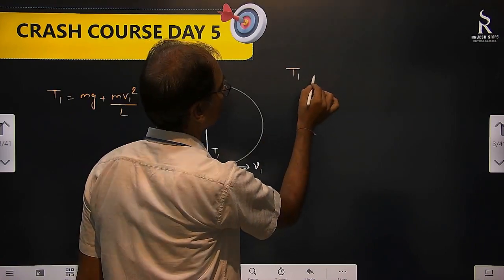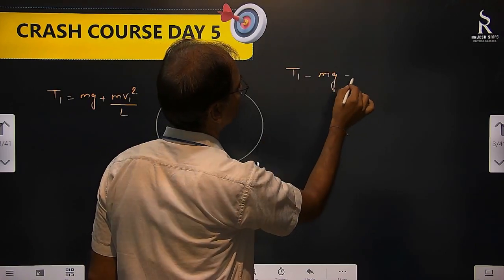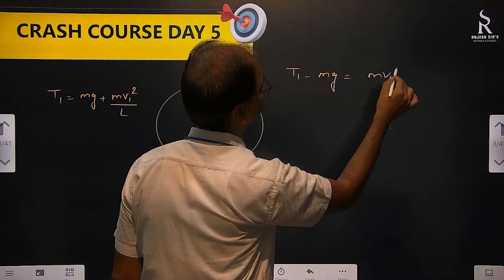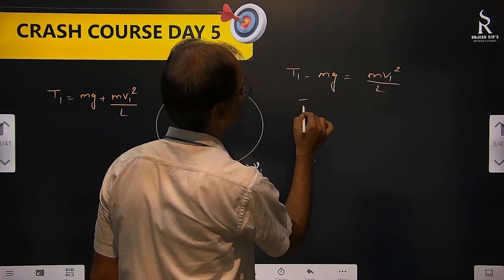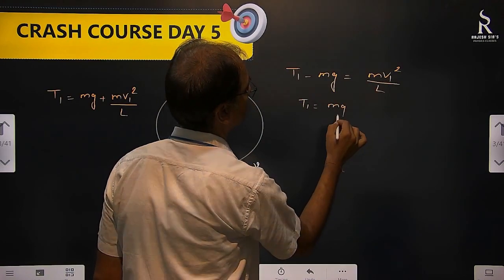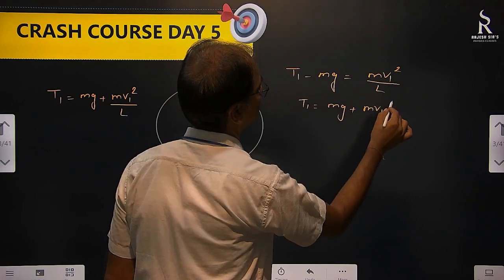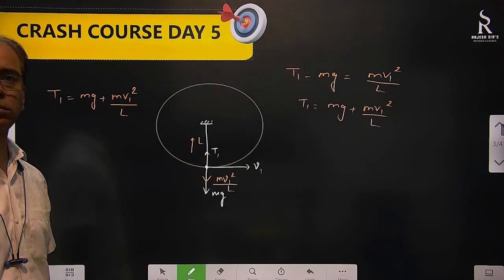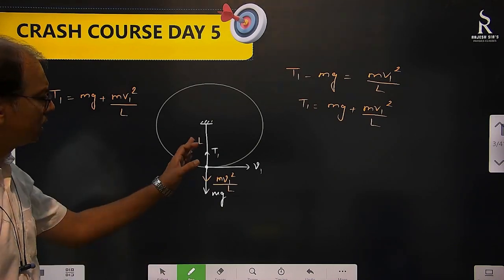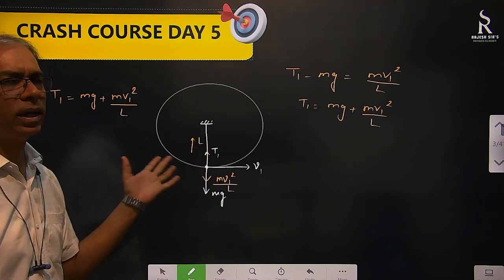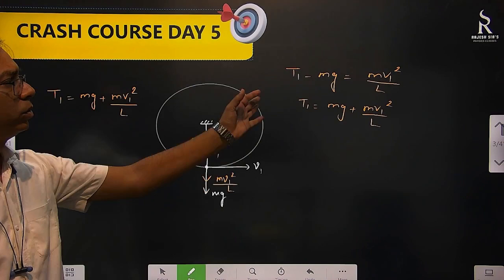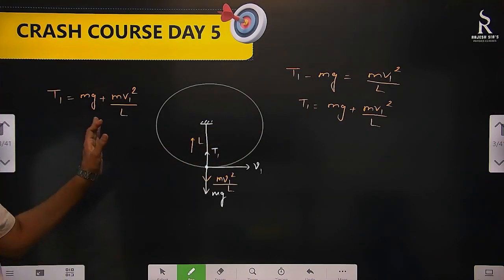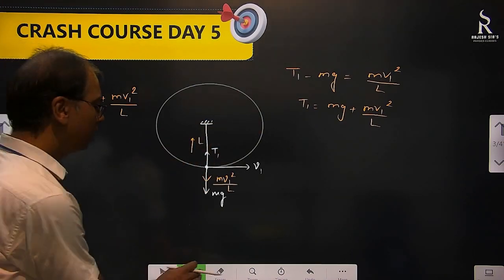T1 minus mg equal to centripetal force. What would be that? mv1 square by L. What is T1? mg plus mv1 square by L. Is it same? Right. So we take this is always outside so that you can directly add it. No need to write the equation. Directly we can. Okay. So it becomes easy.